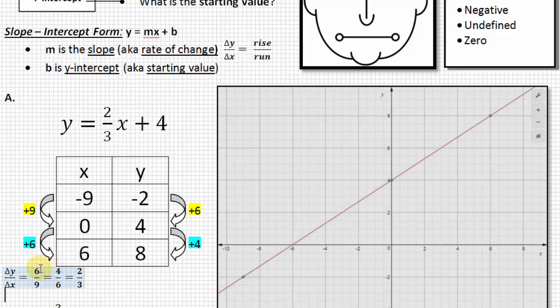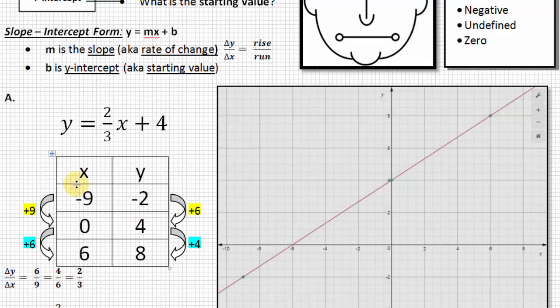If you divide both 6 and 9 by 3, and if you want to write that out, you can, you're going to get 2/3. If you take 4 and 6 and divide them both by 2, you're going to get 2/3. So all three of these are equivalent ratios, equivalent fractions.